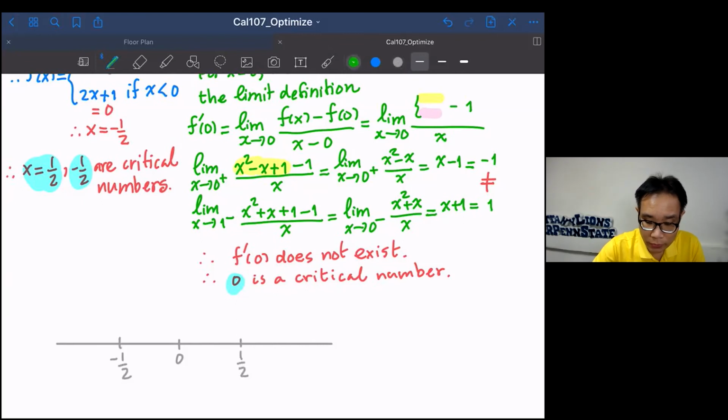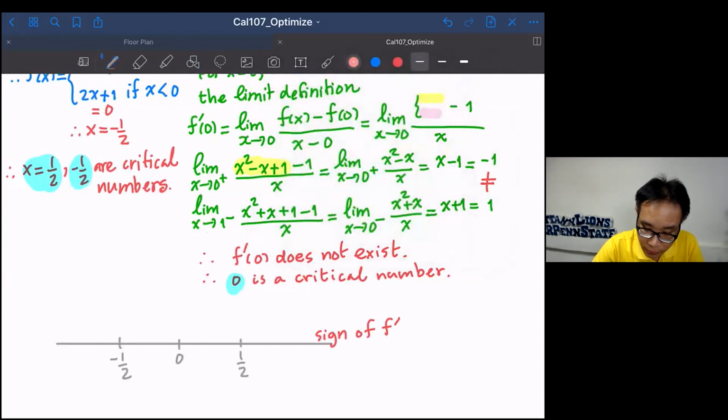Okay, and you're gonna put the sign of f prime. So in this case, you're gonna pick one number in each interval.